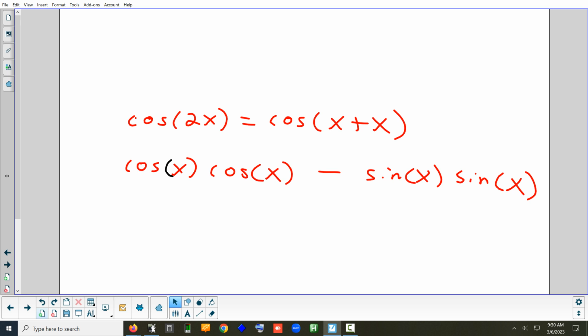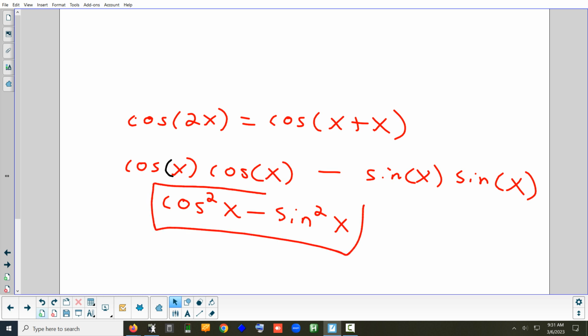Now, are these two things the same? No. So it's not the same like it was the last time. But what is cosine times cosine? That's cosine squared. And what's sine times sine? Sine squared. So that is the formula for how you get rid of a 2 in a cosine function.